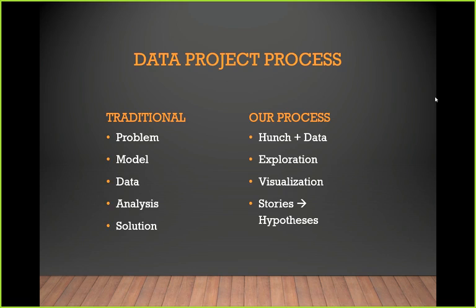We can call that a model. In research this can be a theoretical model, derived into a set of hypotheses. Based on those hypotheses, we collect data, prepare data, do analysis, present findings, and they become our solution. That's a typical traditional research method.